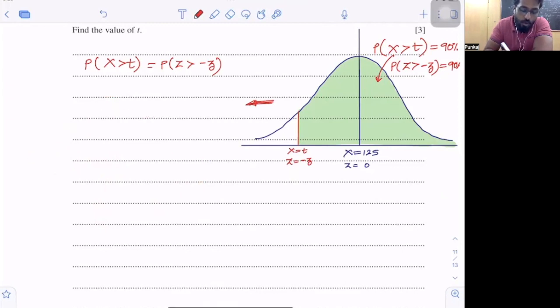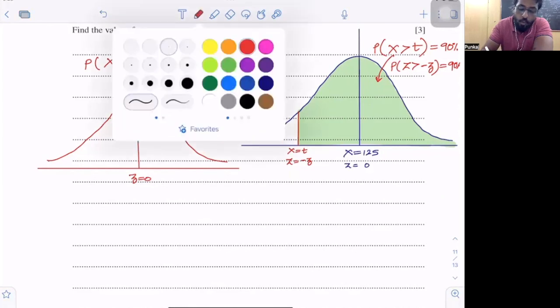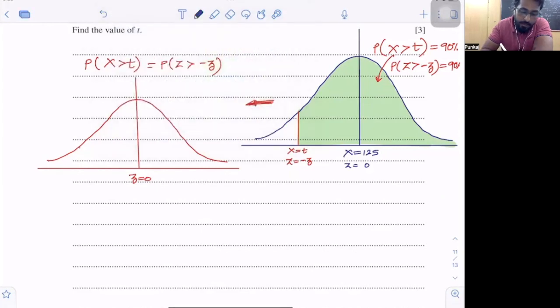so I'm going to draw another diagram just to make us understand what's going to happen over here. So again, this is the middle line, z equal to 0. Okay, so I know that this value is x equal to t. This is z equal to minus z.